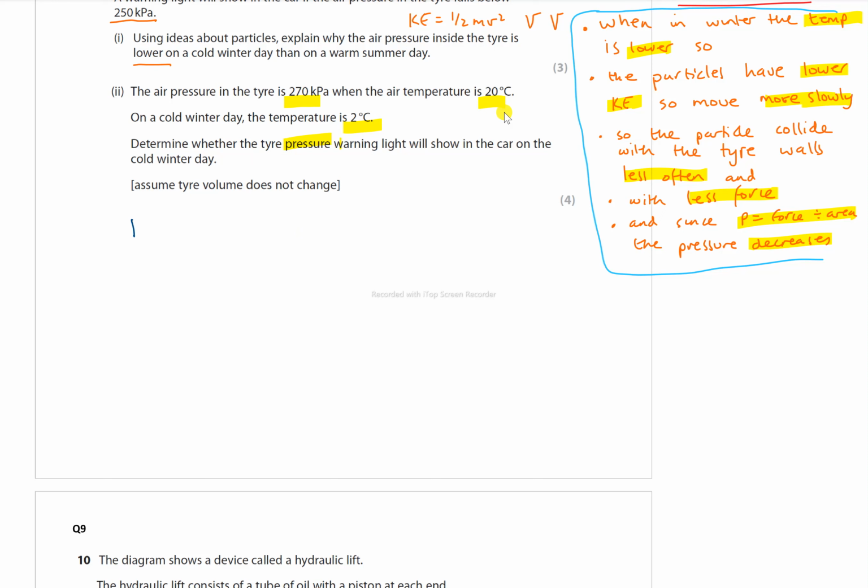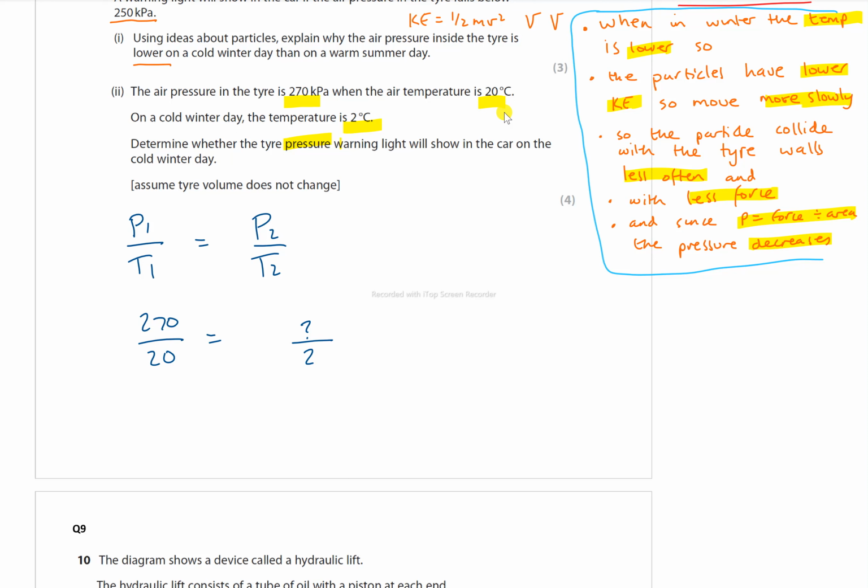Right. It's pressure and temperature. So the pressure is 270 divided by 20 equals pressure, which we don't know. So let me write that out again. Pressure, but we know the temperature is 2. Let me get rid of that.